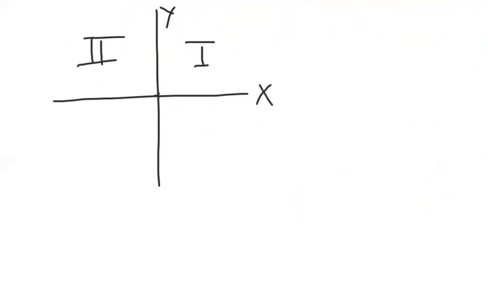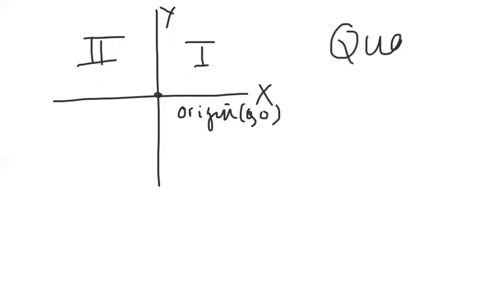They intersect at a point called the origin, and the coordinate of the origin is (0, 0). Once the x and y axes intersect, they create these quadrants, okay? And quadrants are basically just regions. So they create these 4 different regions. When we name the quadrants, we name them using Roman numerals going counterclockwise.